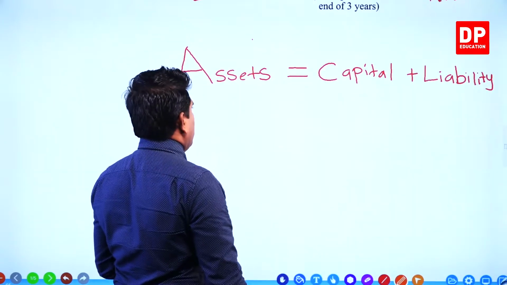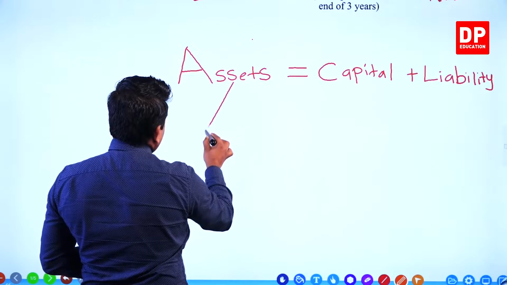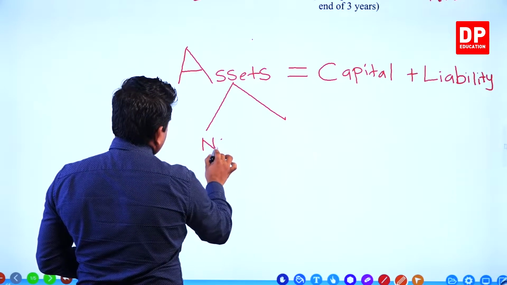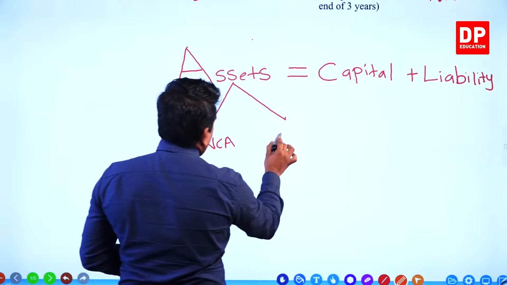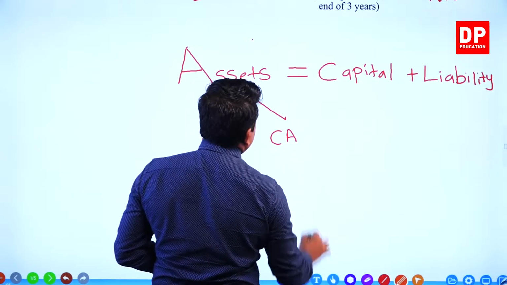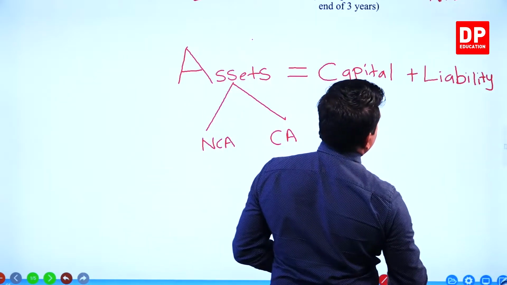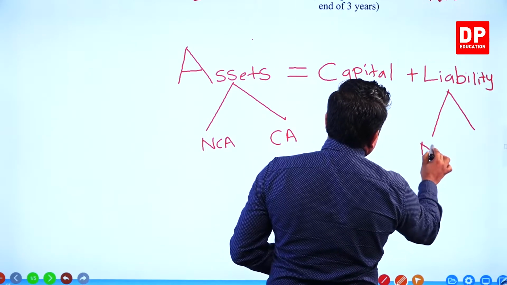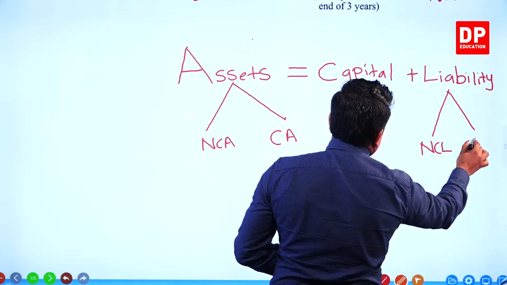You know we classify assets into two categories: non-current assets and current assets. Then liability: non-current liabilities and current liabilities.